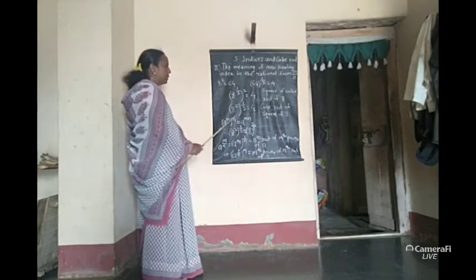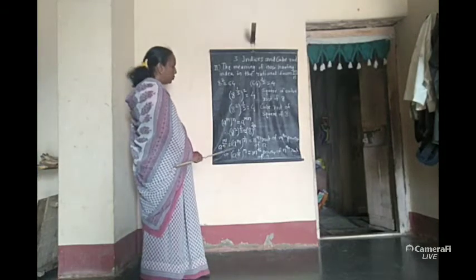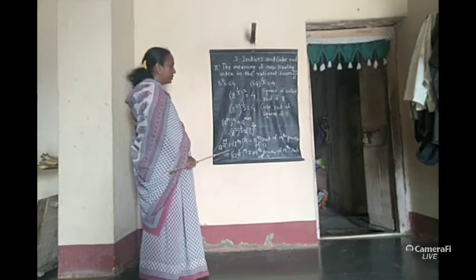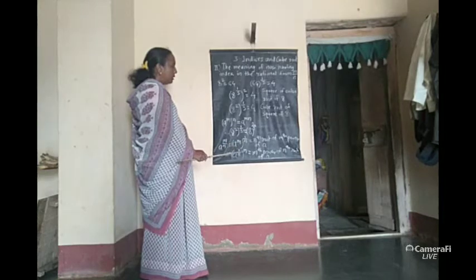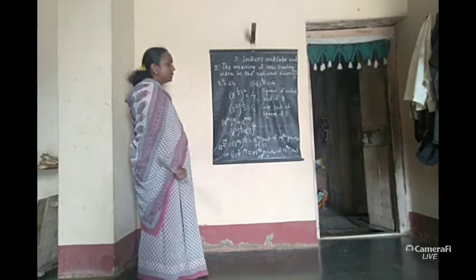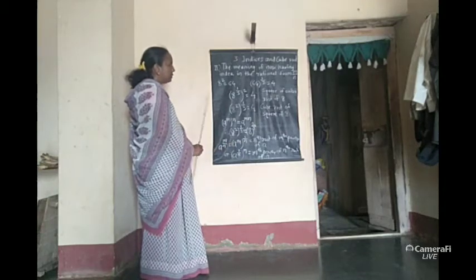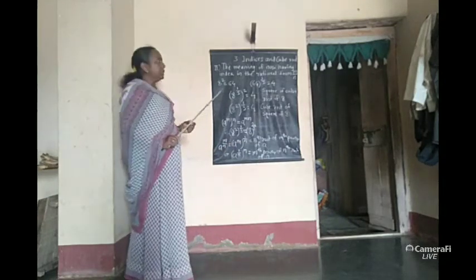In this way, when the index number is in the form of m upon n, we can write them in two different ways, and we can also read them in two different ways. Whichever number is outside the bracket, whether it is the power or the root, should be read first, and then read the index inside the bracket. In this way, we can solve the examples of practice set 3.2.